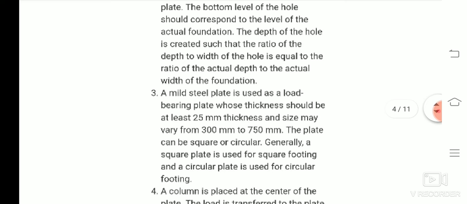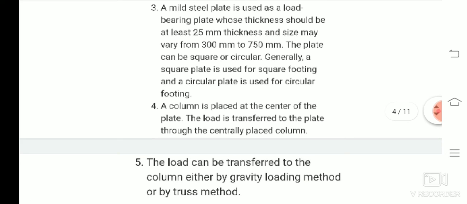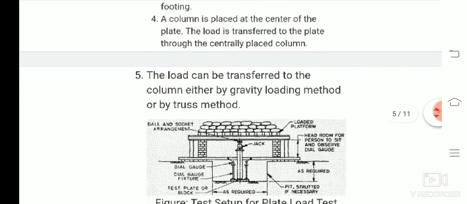The mild steel plate, which has already been discussed, whose thickness is 25 mm and size will vary from 300 to 750 mm, will be kept in the pit that has been discussed earlier. A column is placed at the center of the plate. The load will be transferred to the plate through the centrally placed column.